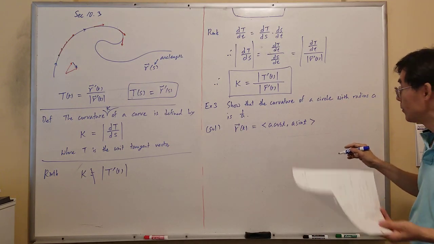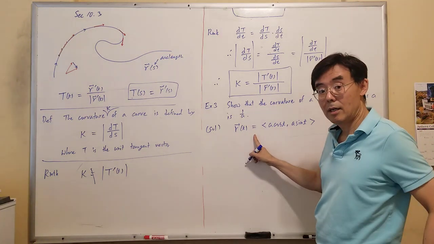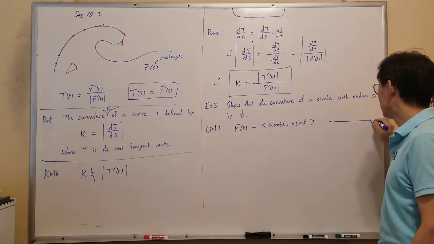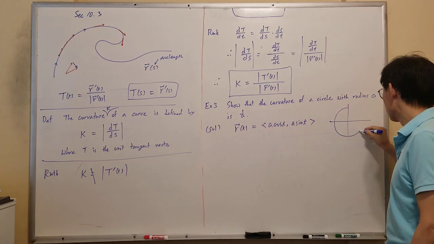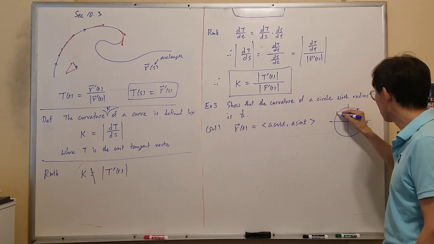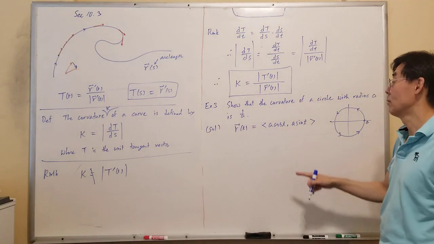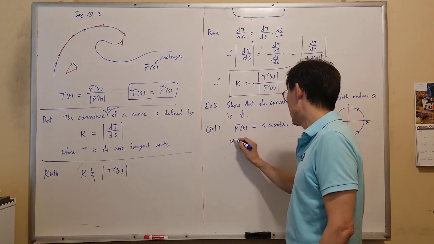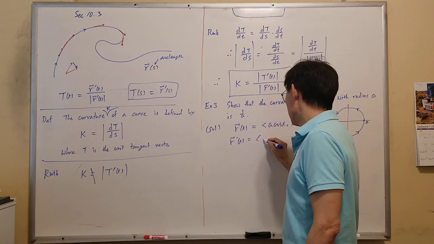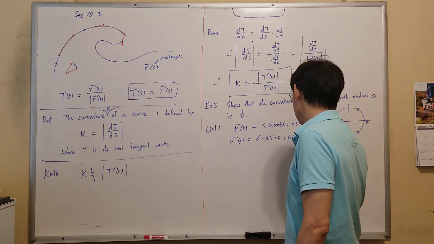So, alright. That's the vector function, the position function of a circle, centered at the origin. Okay, you're starting from here. You keep circling around counterclockwise, if you use cosine for x, sine for y. Now, r prime of t is minus a sine t, a cosine t.